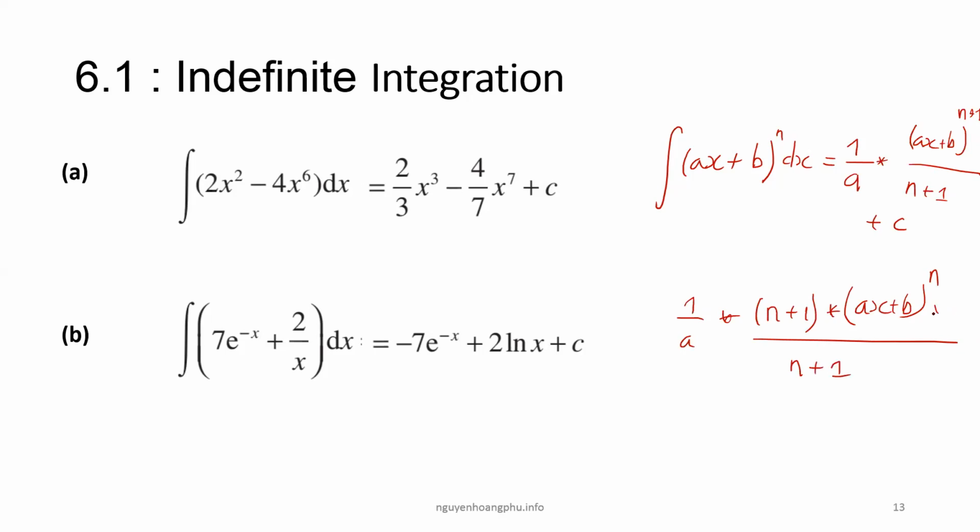Here you need to multiply with a as well. So finally we'll have (ax plus b) power n. That is why we have a general equation like this. Here is the proof. I proved for you.